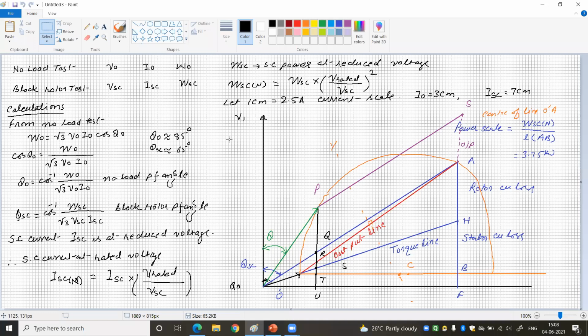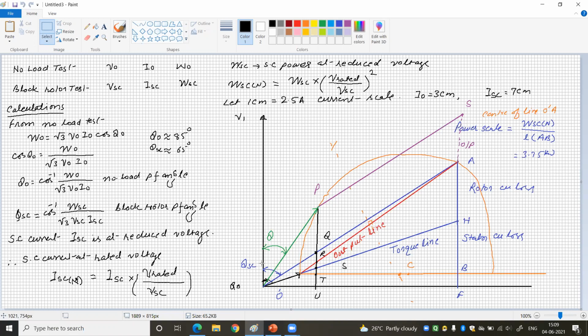Now by choosing a proper scale for the current, 1 centimeter equal to say 5 ampere or 2.5 ampere, as per the data given and the space available to draw the circle diagram, the no load current is converted into centimeters. Similarly, the short circuit current at normal voltage is converted into its equivalent length in centimeters.